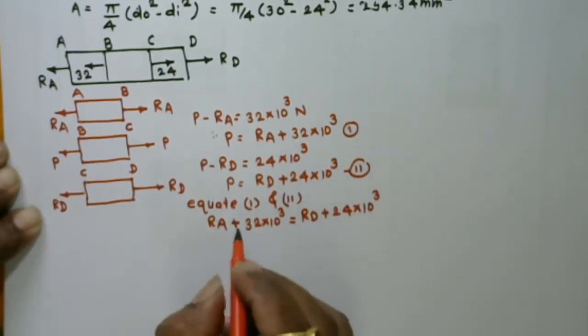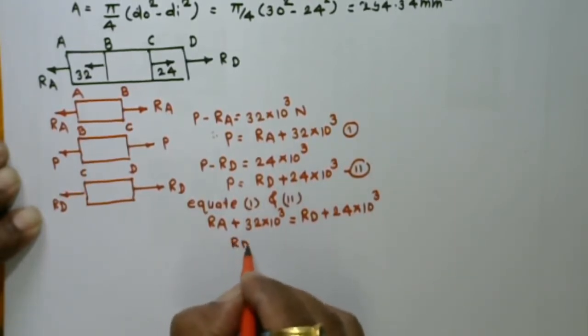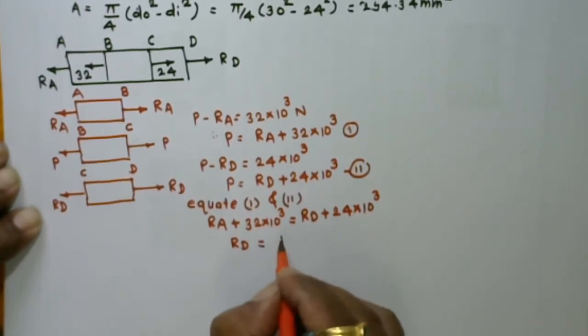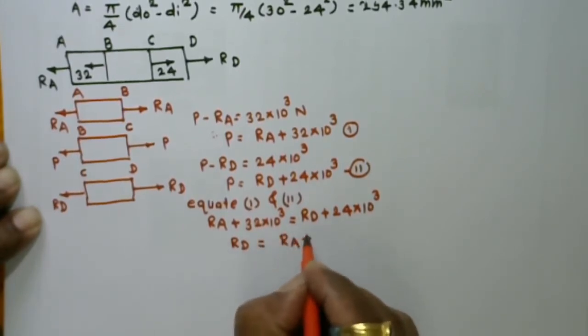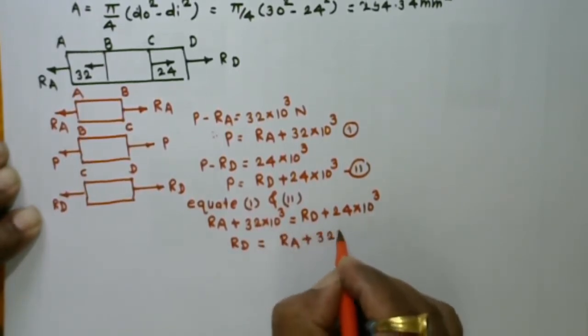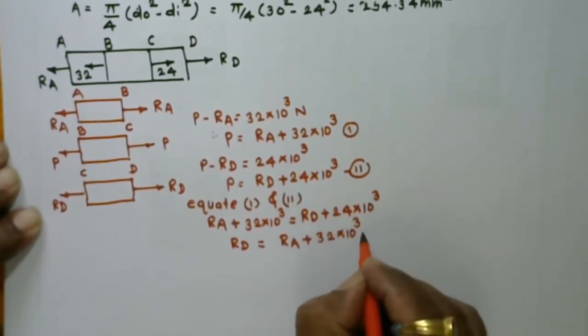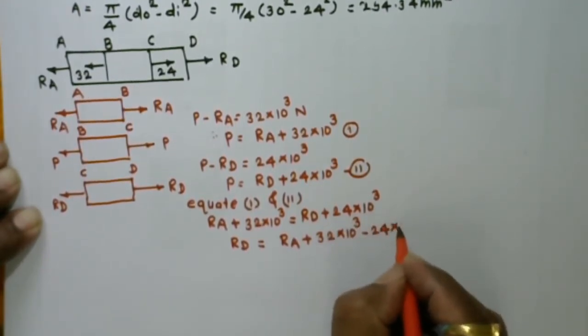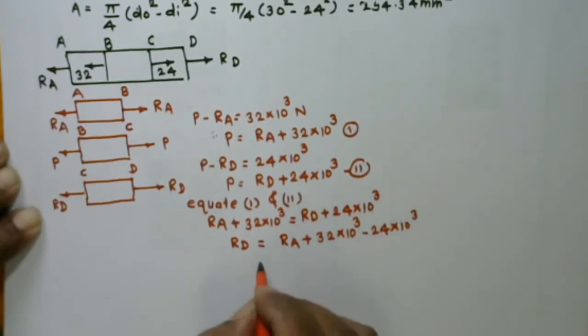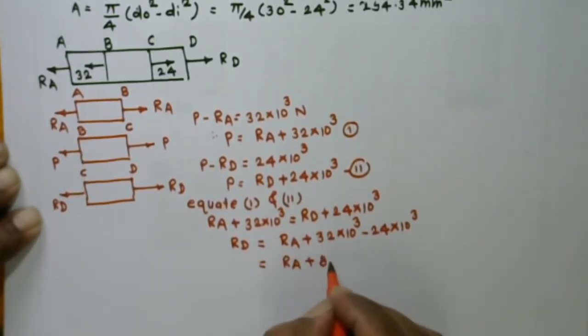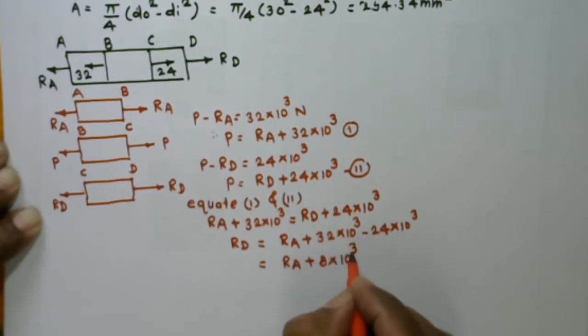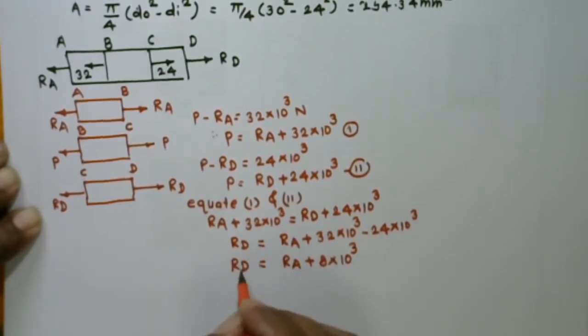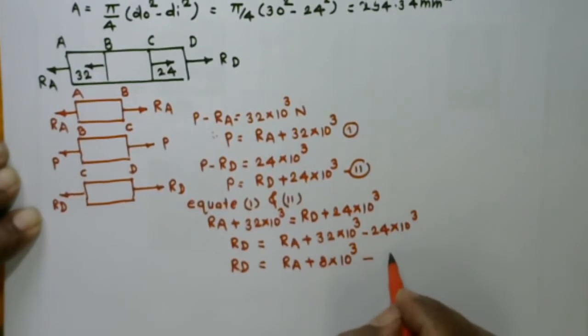So RD is equal to RA plus 32 into 10 raised to 3 minus 24 into 10 raised to 3. So the equation becomes RD equal to RA plus 8 into 10 raised to 3. Say equation number 3.